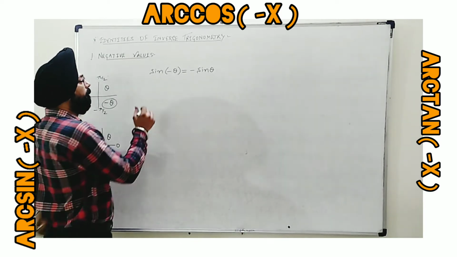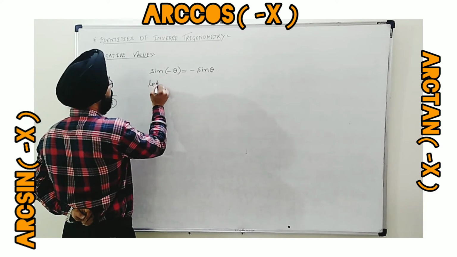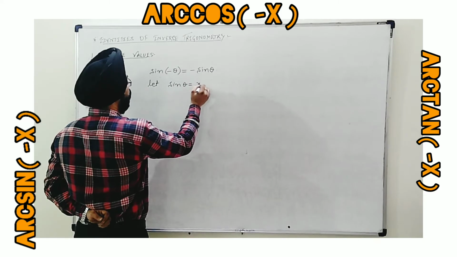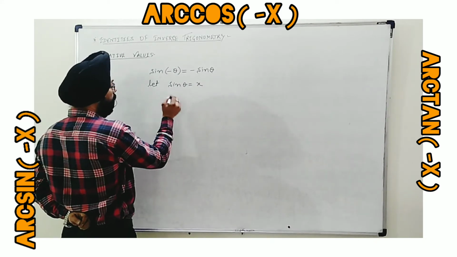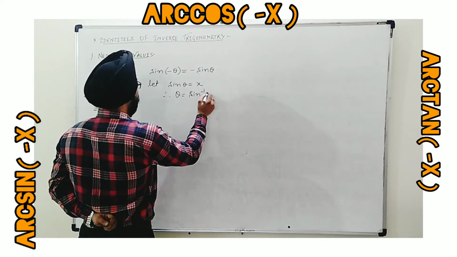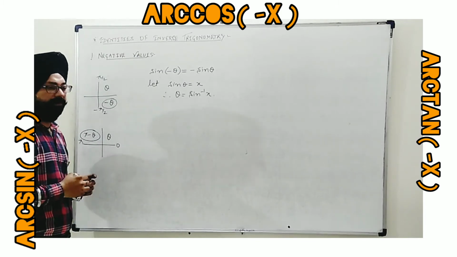Now obviously sine theta will be some value, so we consider that sine theta is some value x. Then in inverse form, theta can be written as sine inverse of x. What is the purpose?